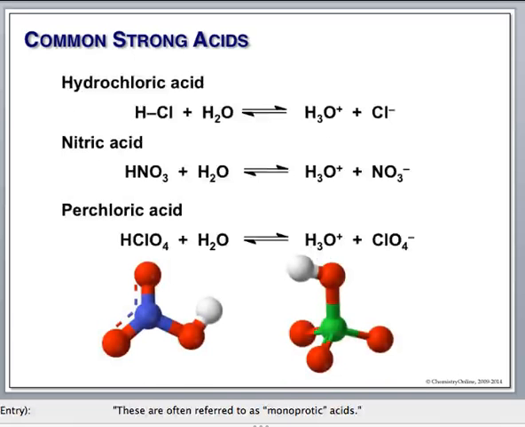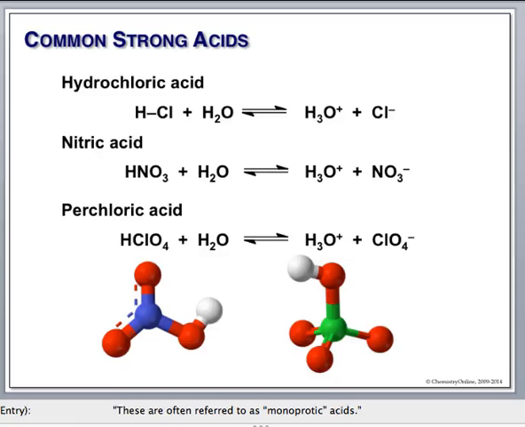That's nitric acid. It ionizes to form nitrate and hydronium. Perchloric acid: perchlorate, ClO4 minus. We take one of the oxygens, put a hydrogen on, that's perchloric acid, which reacts with water to give hydronium and perchlorate.